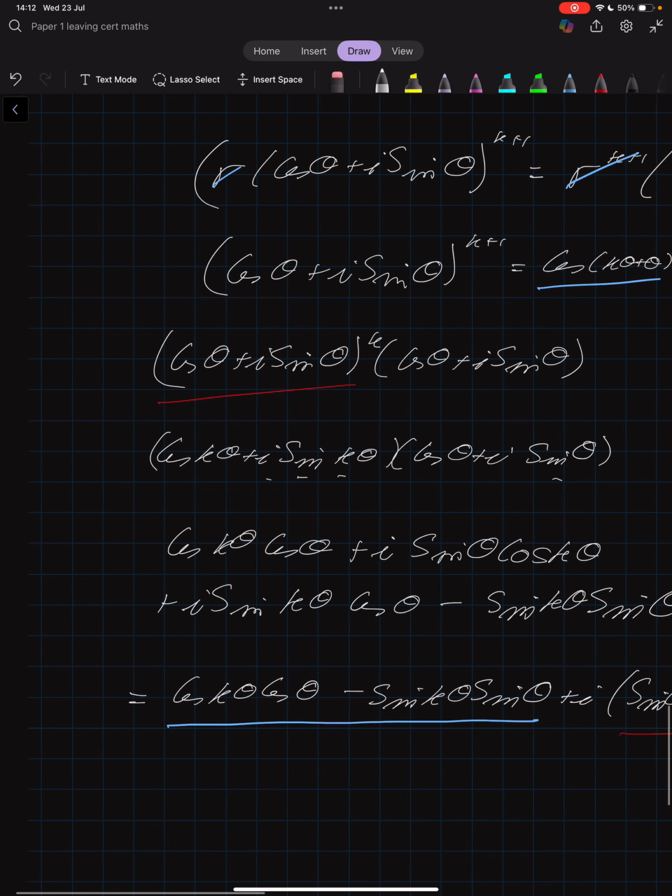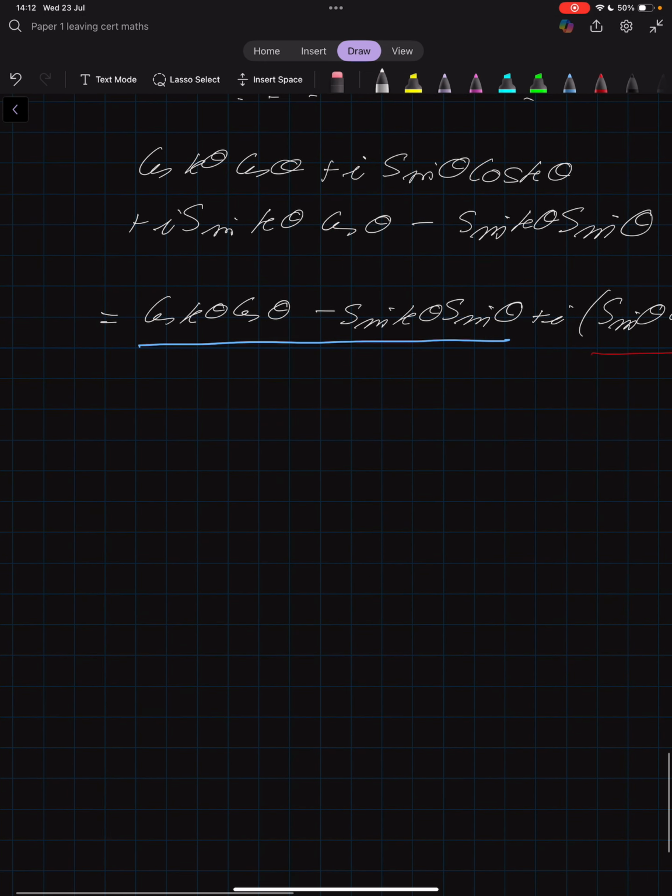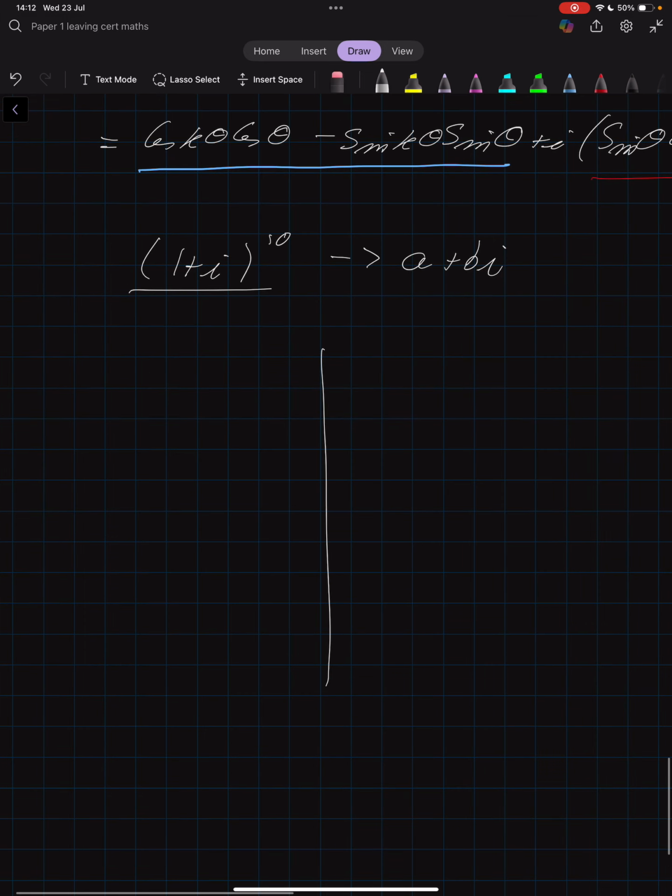Okay? So one thing it might say: use De Moivre's theorem to expand (1 plus i) to the power of 10 in the form a plus bi. Very first thing, you put this in polar form. You draw it out. This is always just a quick sketch where that's 1 and that's 1. This is r, this is theta.